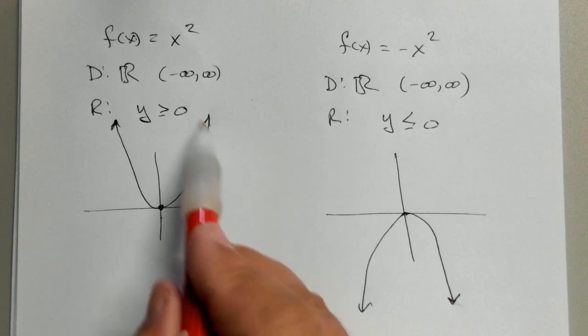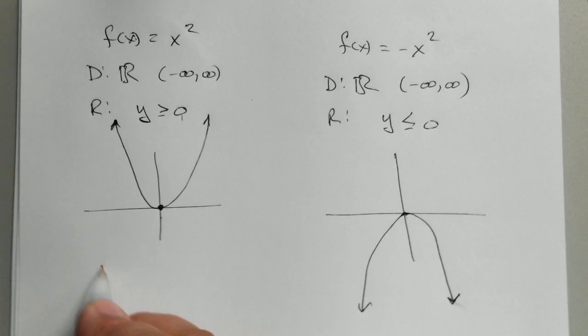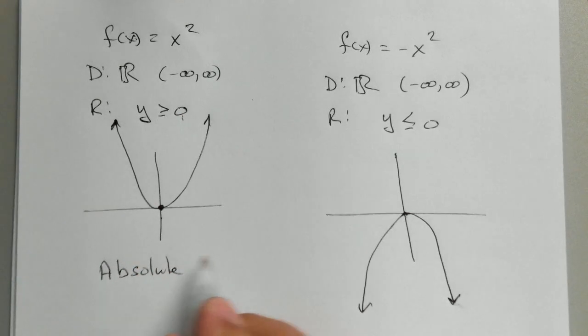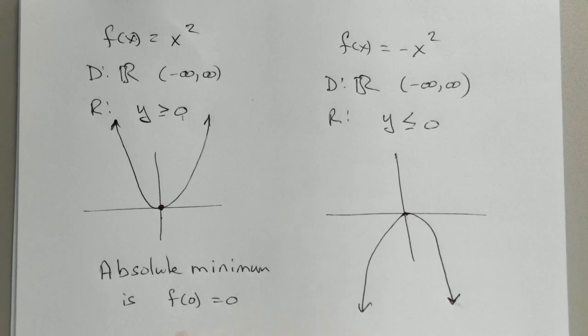Since 0 is the lowest point of this graph, the absolute minimum is f of 0 equals 0.